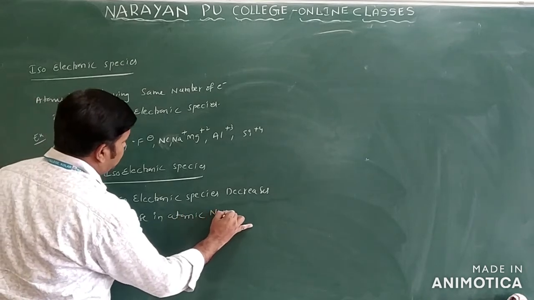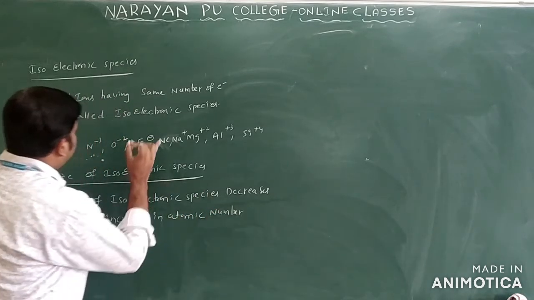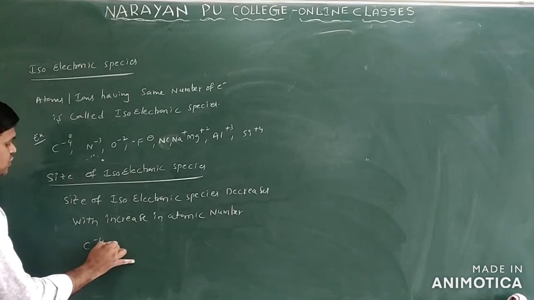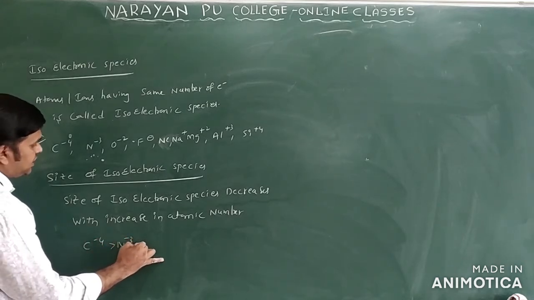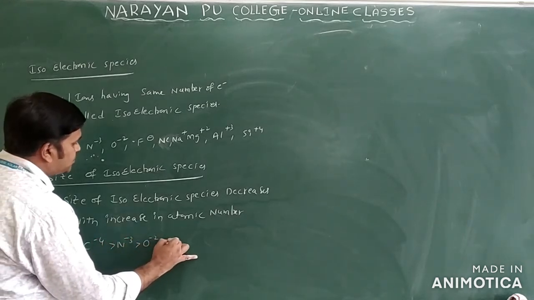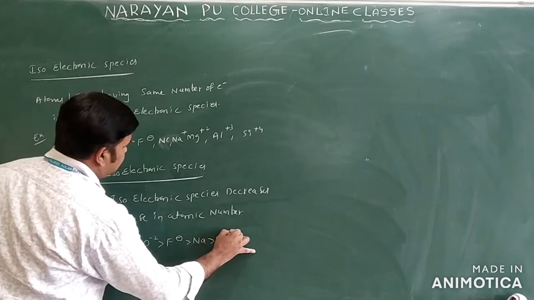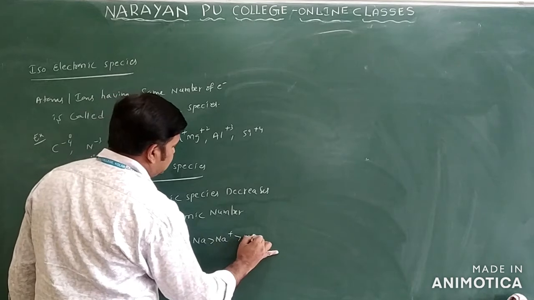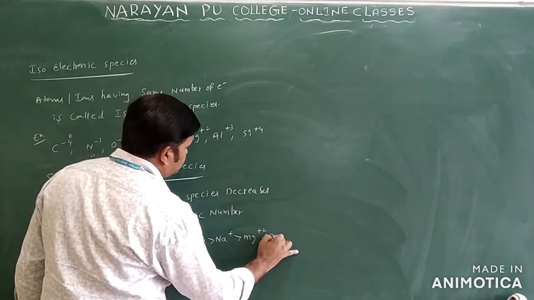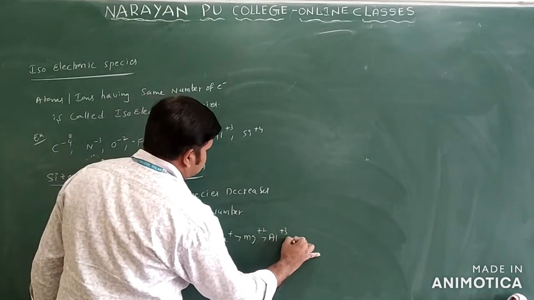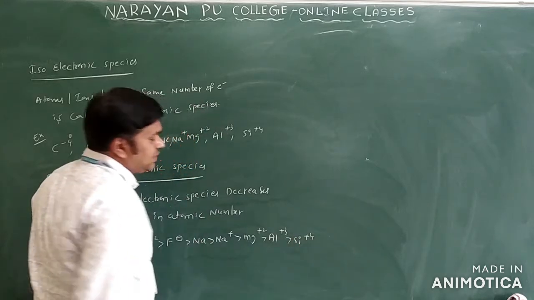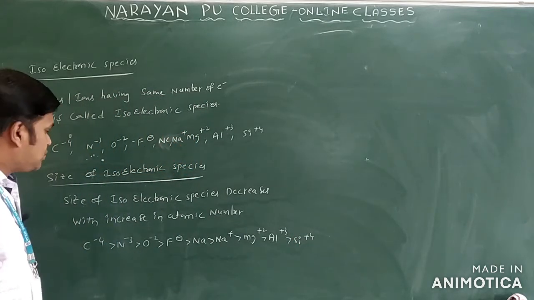Let us see this example: C minus 4, N minus 3, O minus 2, F minus, Na plus, Mg plus 2, Al plus 3 and Si plus 4 only. Clear?